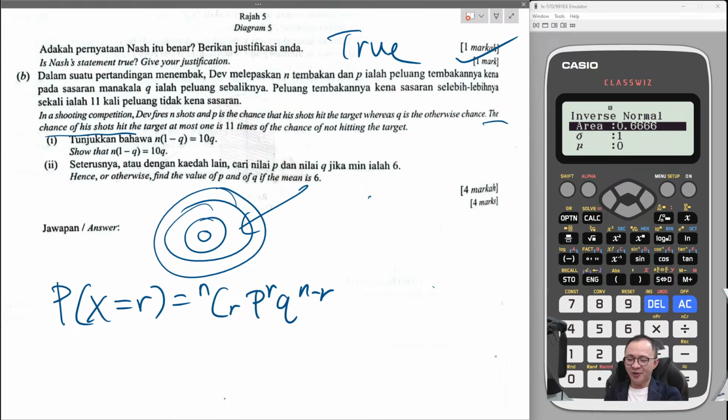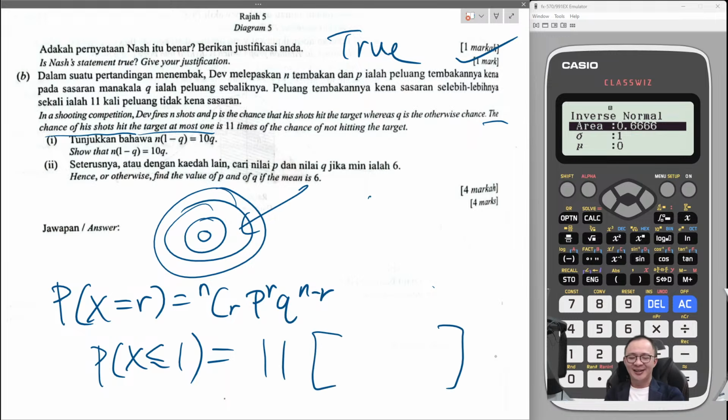The chance of his shot hitting the target is at most 1. It means he shoots and hits the target at most 1 time. x is less than or equal to 1. It means he hits the target maximum 1 time. The probability is 11 times the chance of not hitting the target. x equals 0. Yeah.